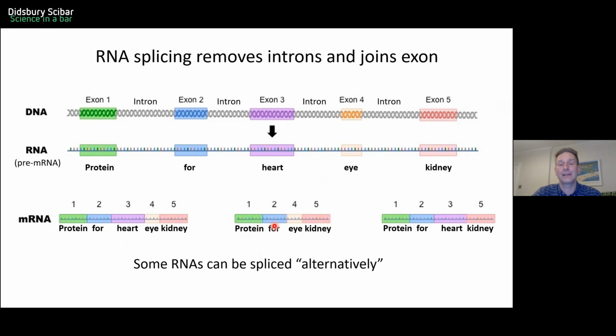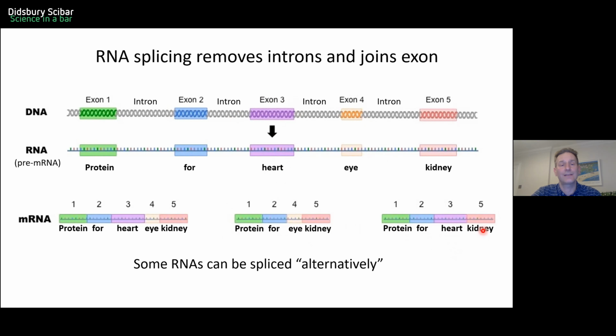And the RNA that makes this protein will make a protein that's slightly different because it doesn't have this bit of information in it. The same thing here, we've got exons 1, 2, 3, and 5 coming together, and we're skipping exon 4. So this protein will only be in the heart and the kidney. And this excluding or swapping around of exons is called alternative splicing.